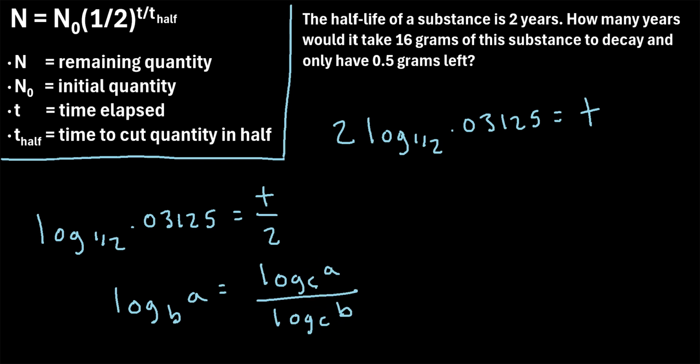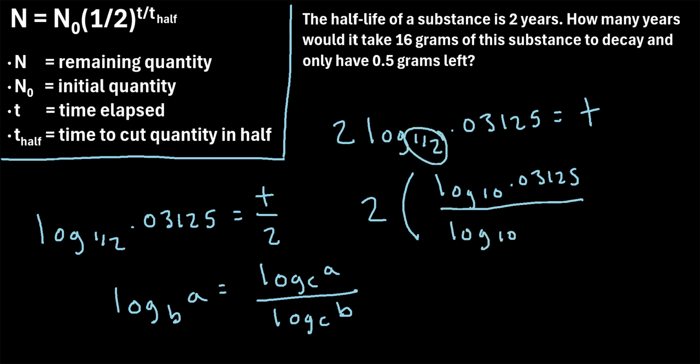So a common choice is log base 10. So we can rewrite this as 2 times the log base 10 of 0.03125 divided by log base 10 of 1/2, or we can just write 0.5, and that's equal to t.